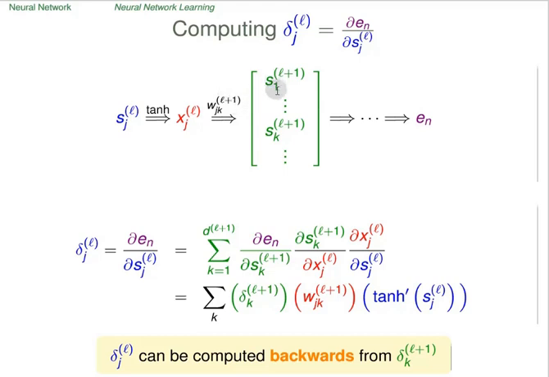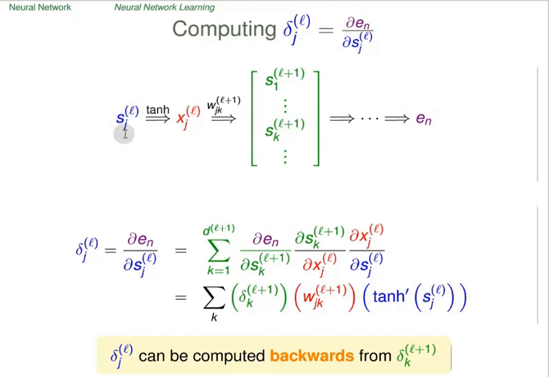Then it forms the signal at layer L plus 1. All these three operations are applied to all other layers. Now we only need to calculate the delta, which is the partial of E with respect to the signal at L.